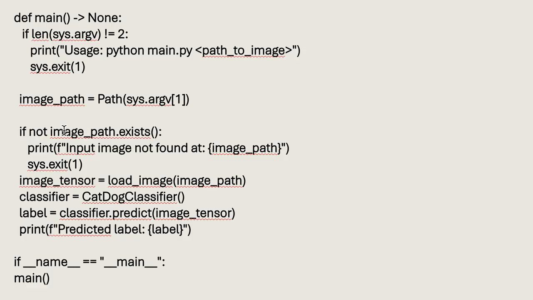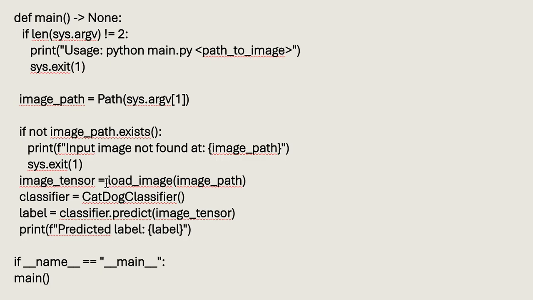If it does not exist, then the output will be this print statement, which prints input image not found at image path. Else, the next line of code runs.